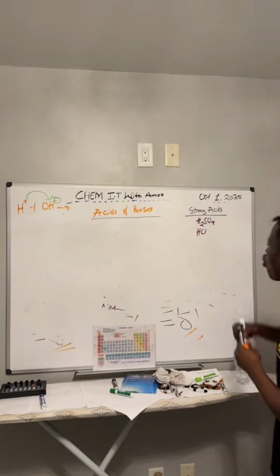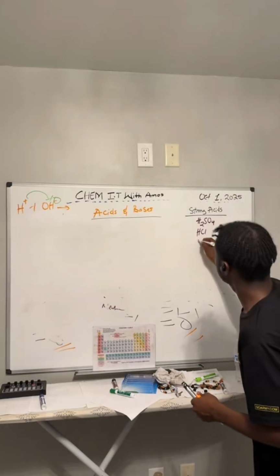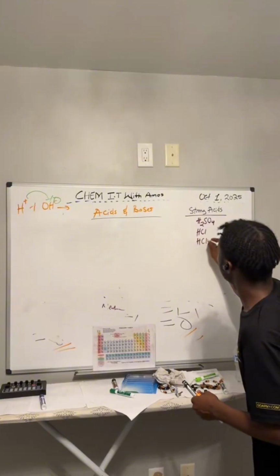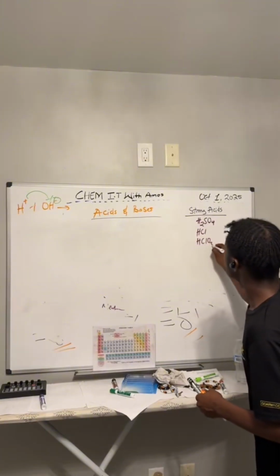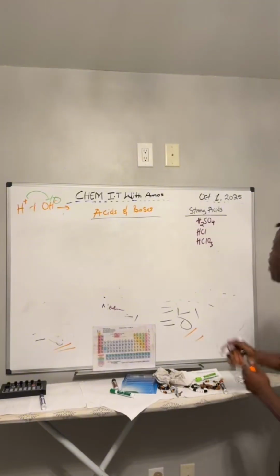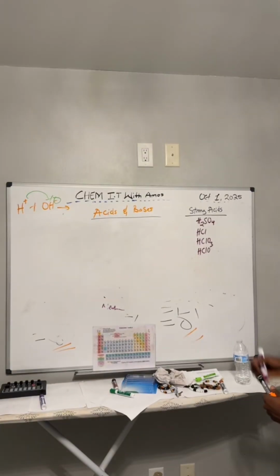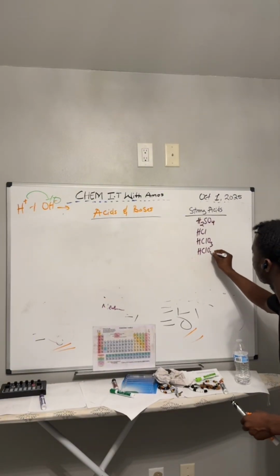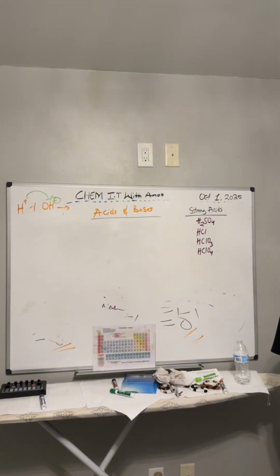And we have chloric acid, HClO3. And we have perchloric acid, HClO4. And also we have hydrobromic acid.